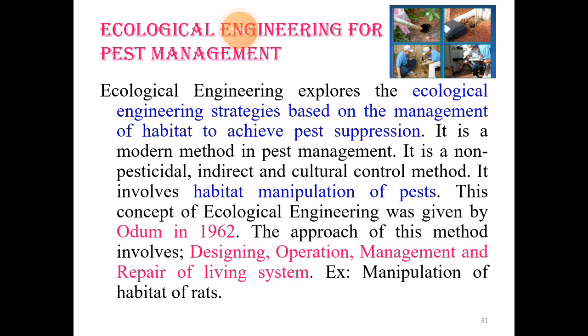If we could use some predators at the habitat of the pests, nearer to the place where these rats are, if you could place a cat, it is called suppression. So, sanitation, excision, and suppression are the major methods by which you can carry out the process of ecological engineering.